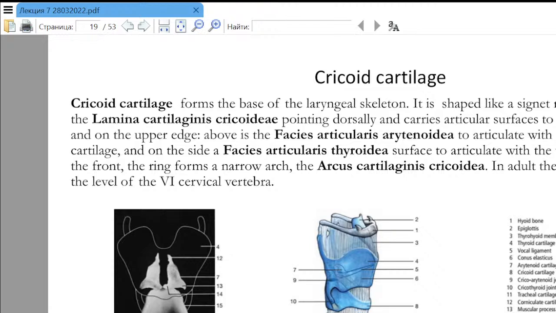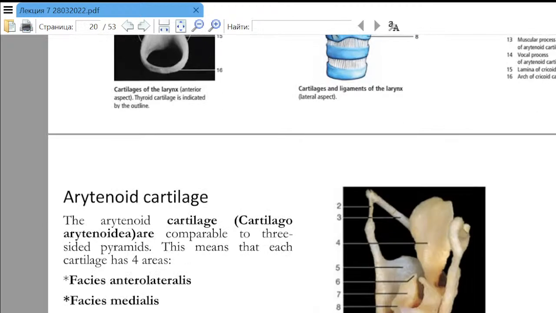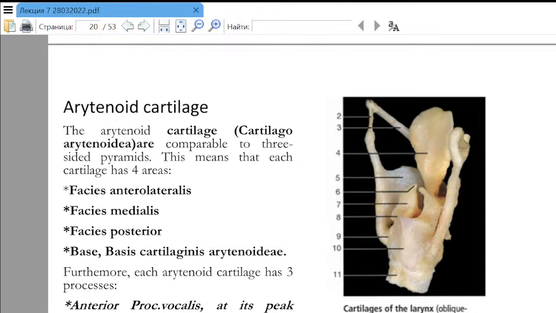What you see, the arytenoid cartilage. This is the apex and the two processes of the arytenoid.